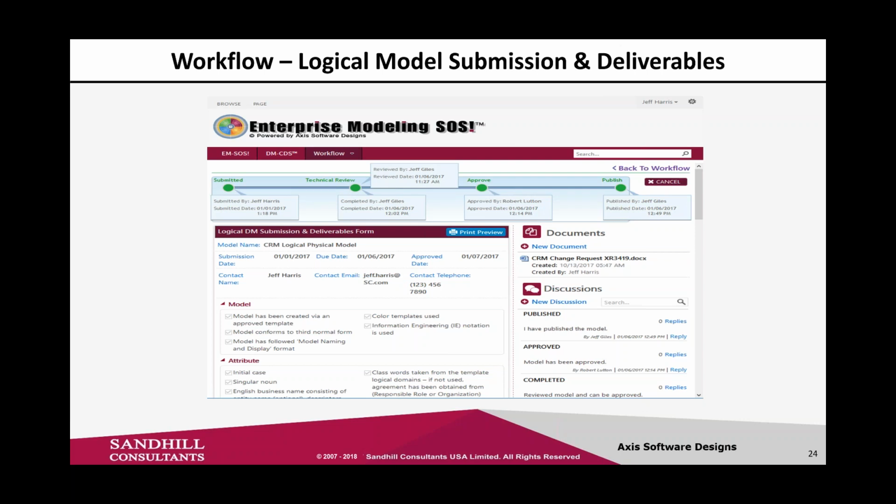So you define in the actual process what the stages are that you have to go through. And this allows you to maintain and manage your models as they go through this particular process. It gives you all the checks and balances that you need to make sure that the right people have actually seen the model and reviewed it and are happy with it before you can go to the next stage.